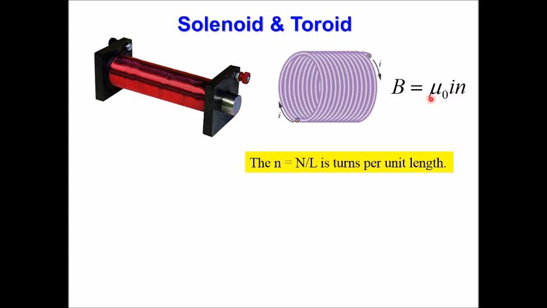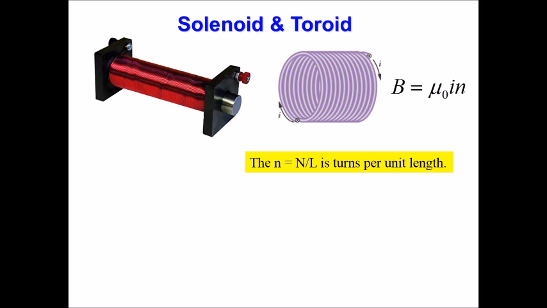That's mu 0 I, that's the current, times n. What is n? That's the number of turns per unit of length. So if I increase the number of turns, I'm not changing the current. Instead of having 200 turns, I will have 500 turns. I will increase the magnetic field a lot, and easily, just by creating more turns.